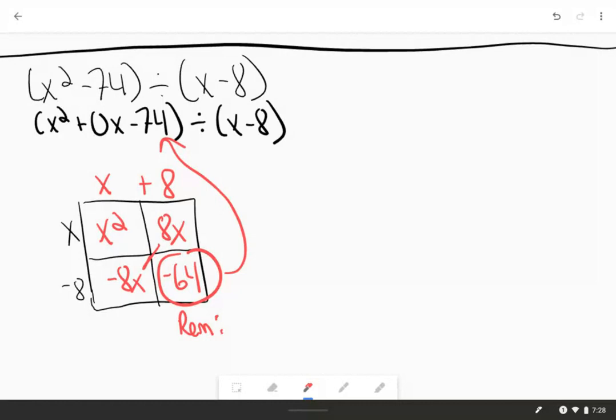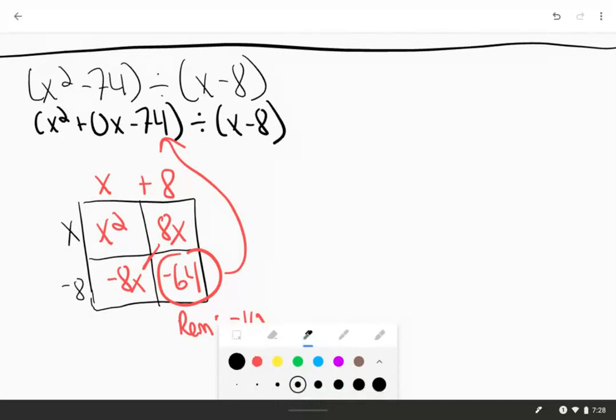Okay, so to go from negative 64 to negative 74, that means I need to go down by 10, right? To go from negative 64, which is the constant term I got, to negative 74, which is the constant term I need, I have to go down by 10, okay? So my remainder in this case is negative 10.